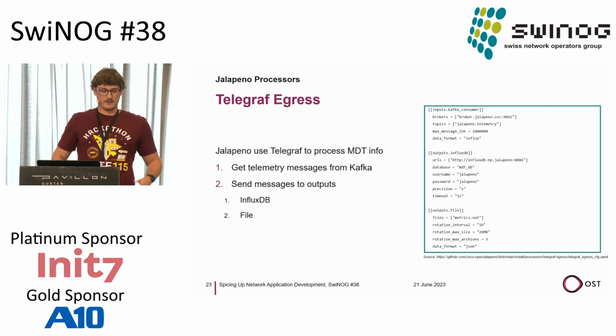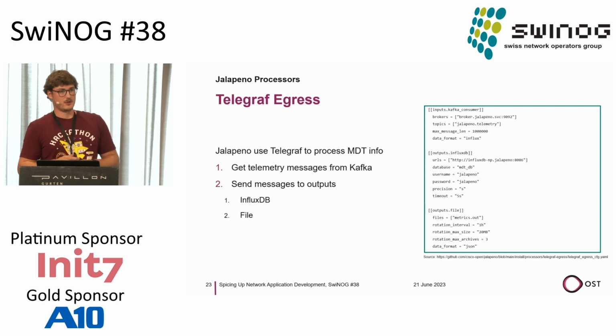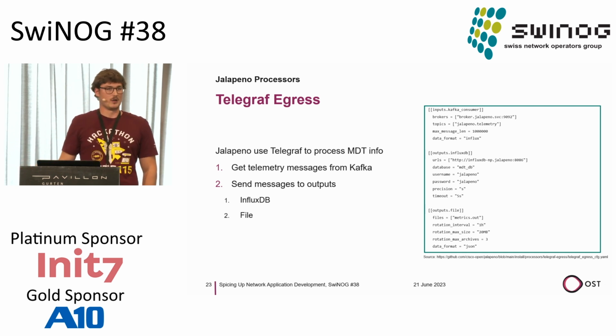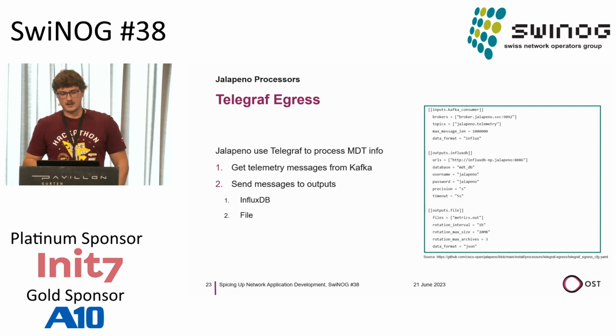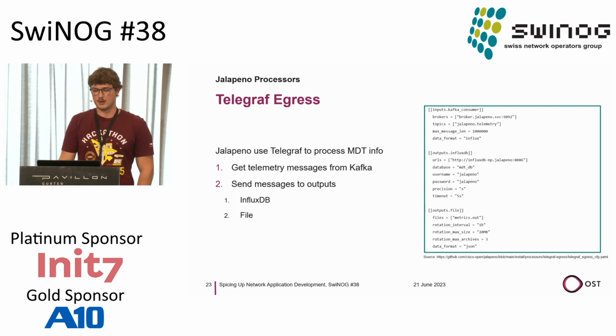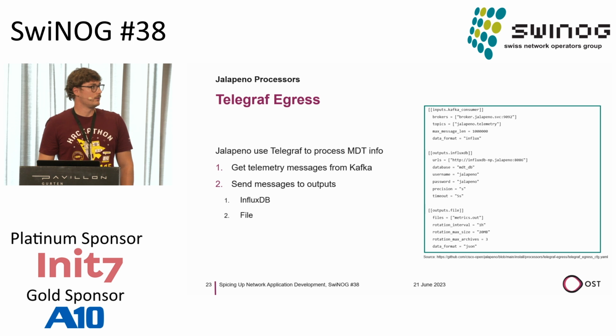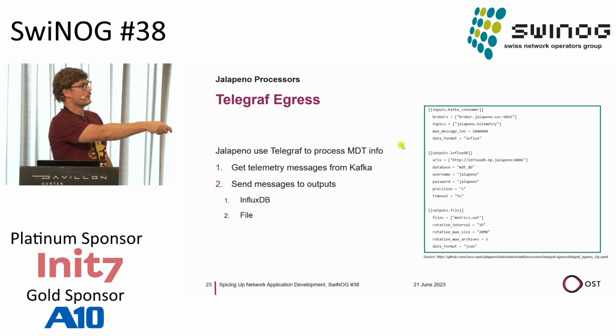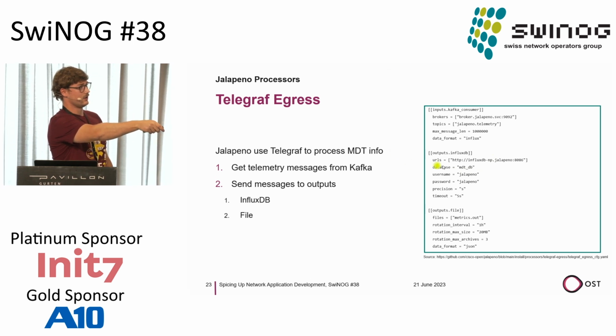So the second processor I want to talk about is another instance of Telegraf. We call it Telegraf Egress. What it does is it basically just gets the model-driven messages from Kafka and then sends them into an InfluxDB and also, as standard, to a file. If you take a look again, we see here we have another input plugin, in this case a Kafka consumer.